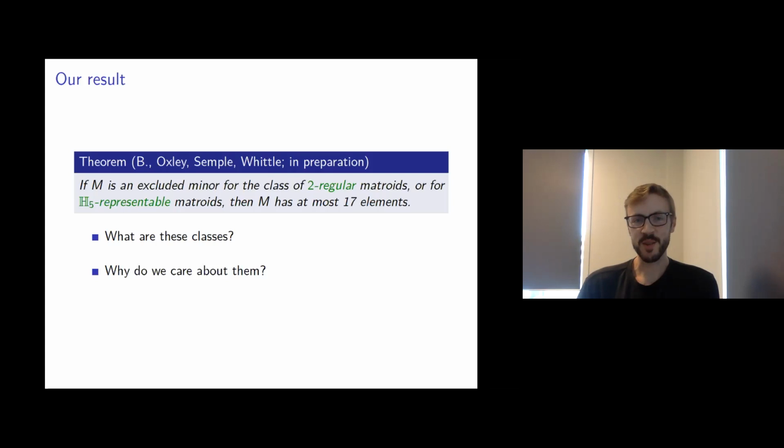I want to focus on this question of why they're classes that we should put such effort into characterizing. One way is I could try to convince you that they're interesting classes in their own right, or I could try to convince you that they're useful stepping stones towards answering either of these open problems: the GF(5)-representable characterization or the characterization of matroids representable over all fields of size at least 4.